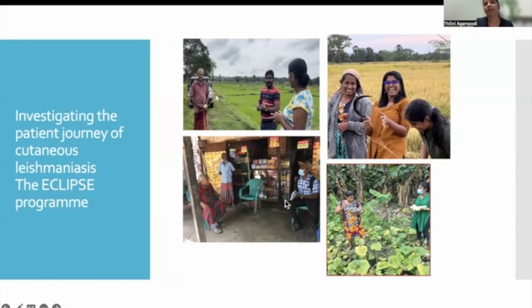They were living in the villages with people in the most highly susceptible areas of Anuradhapura district, participating in daily activities such as farming, and learning about what happens. So if a person gets a wound, how does he or she behave? What are the beliefs they have? When do they go to hospital? When do they seek help? And so on.